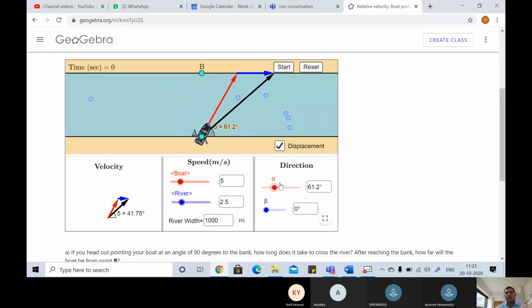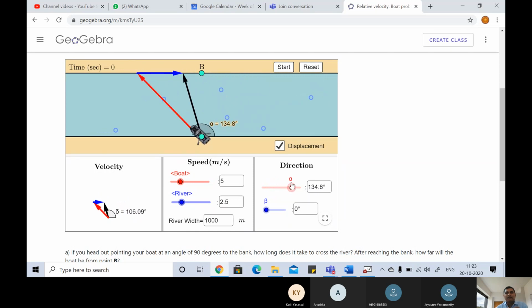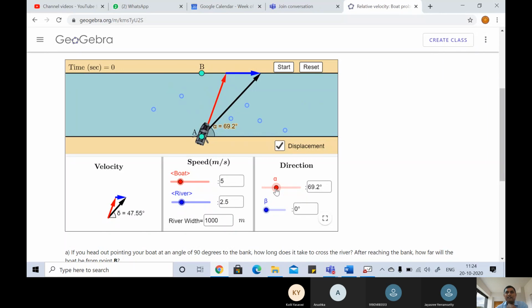Because see here, general common sense is that when your effort is in this direction, you are going a little bit opposite, you are going upstream, correct or not? So you may feel that the time taken is less. Somebody may feel that this also may be correct because his time may be less because he'll go fast. Let us observe. Okay, I'm starting.